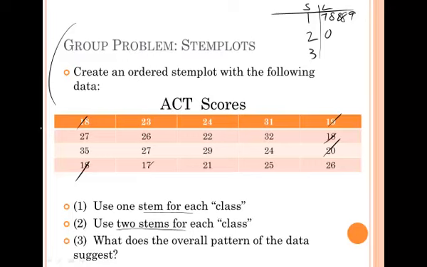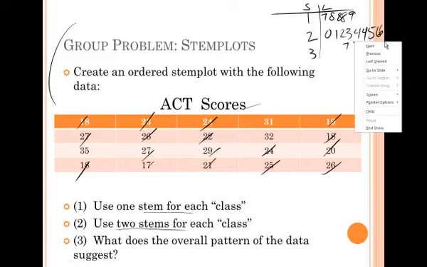And we have 21, 22, 23, 24, 24, 25, 26, 26, 5, 6, 6, 7, 7, 9.